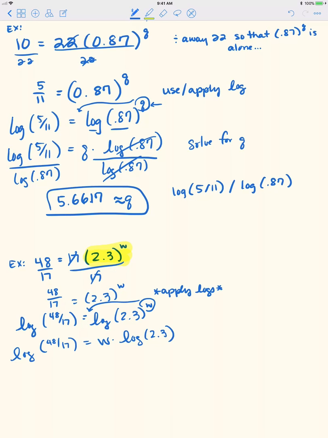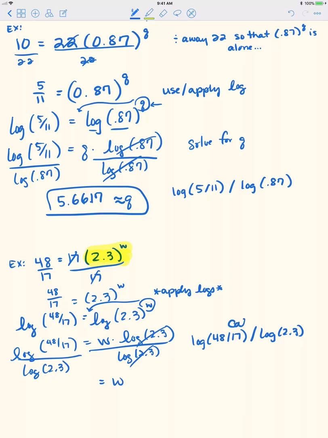Solving for w, so I'm going to divide away the logarithm of 2.3 because, again, it's just a number. And that makes w this really nice log of 48 over 17. Again, keep the 48 over 17 together because that's what you're taking the logarithm of, and then divide that by the log of 2.3.